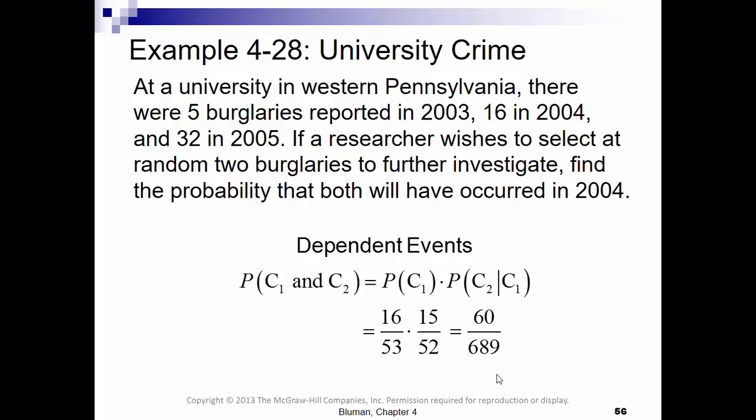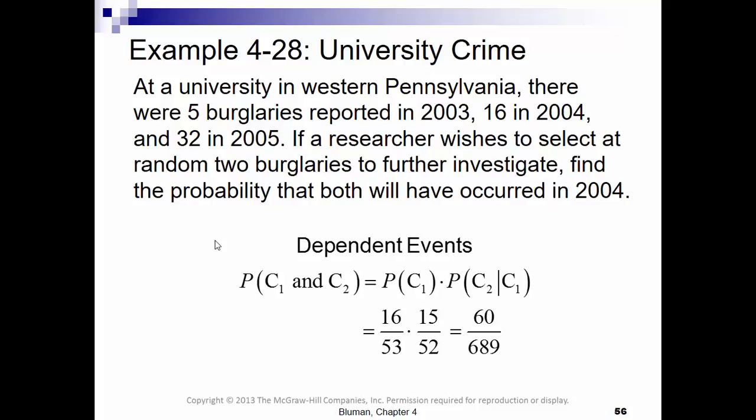In 2004, if you look up in your data here, there were 16 burglaries out of the total number they were looking at over the course of the 3 years.